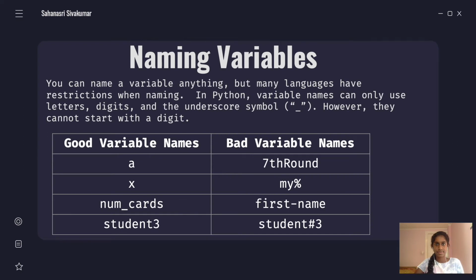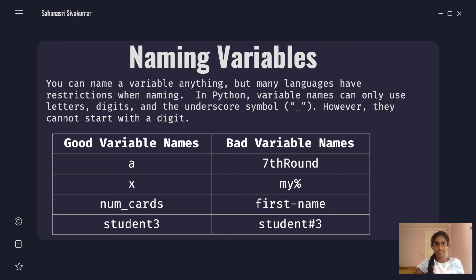When it comes to naming your variables, you can name your variable anything. However, in Python, variable names can only use letters, digits or numbers, and the underscore symbol. But variable names cannot start with a digit. As you can see, these are some examples of good variable names on the left. But let me explain why each of the variable names on the right will not be accepted by Python.